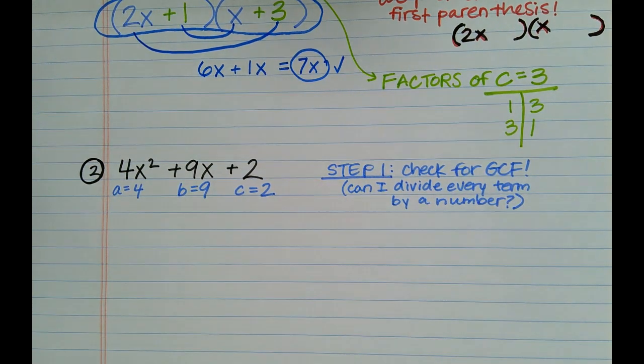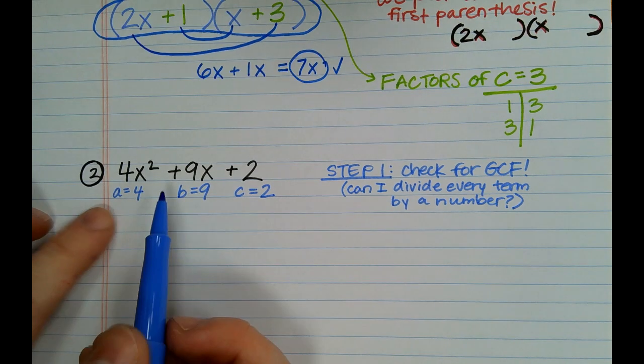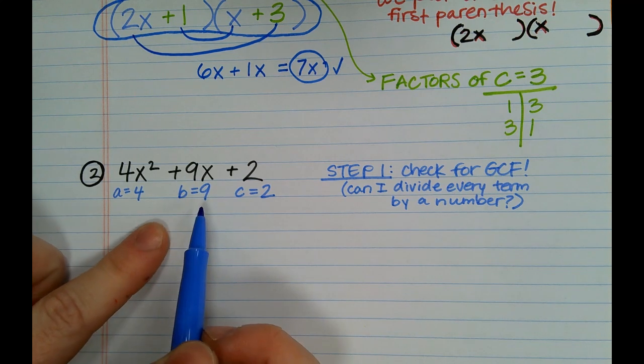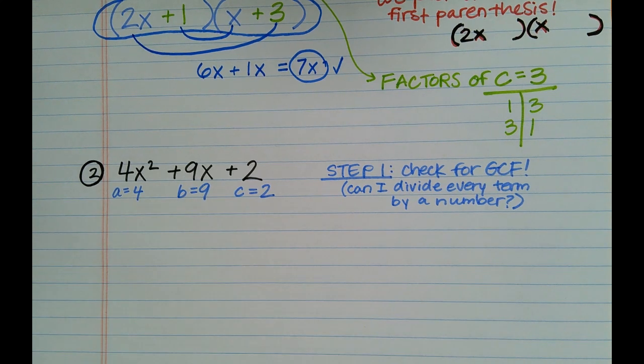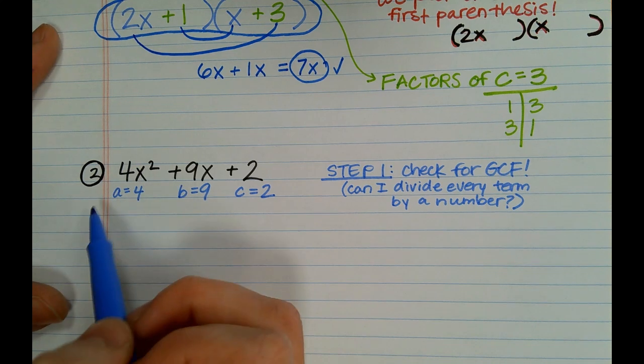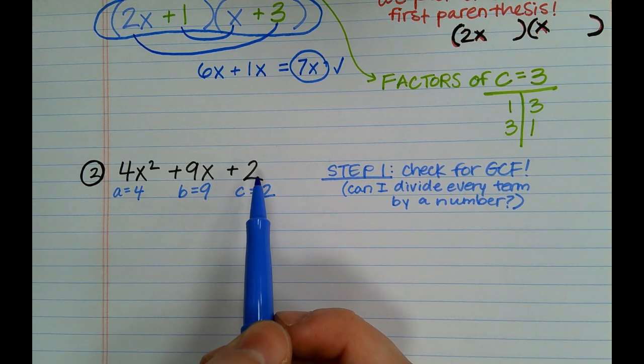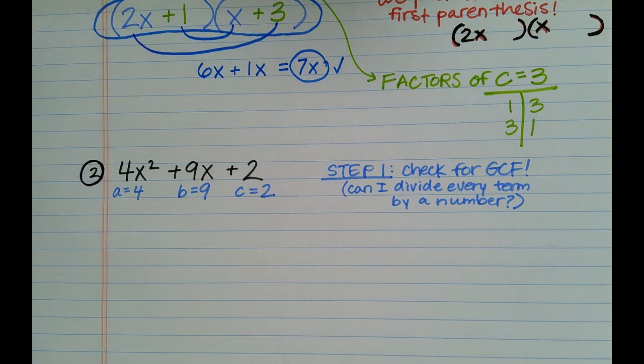No. Whenever I'm checking for GCF, I feel like my first guess is 2. I always just guess, I'll see if I can divide them by 2. I can do 4 divided by 2. 9 divided by 2 is going to give me a decimal, so I can't do 2. 3, well, my smallest number here is 2. So I can't do it. There's no GCF here.